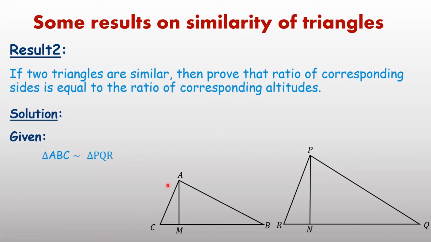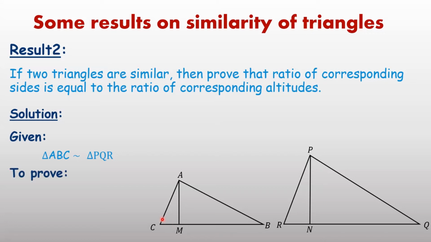Altitude means from any vertex if it is perpendicular on opposite side, then it is known as altitude of that side. Means here AM is perpendicular to BC. Here PN perpendicular to QR. Therefore PN and AM are altitudes on sides QR and BC.